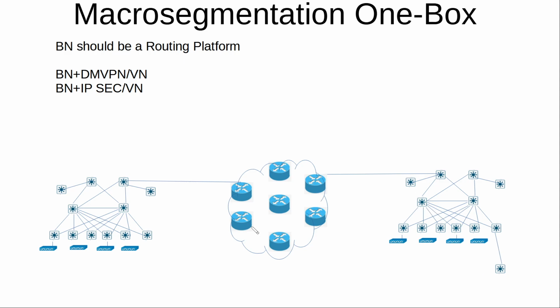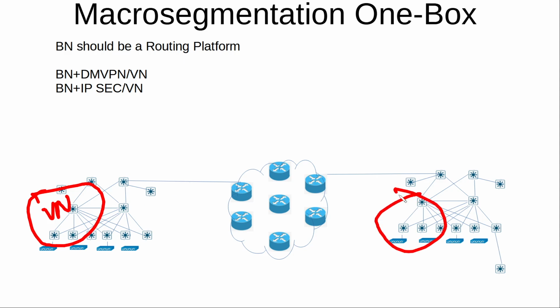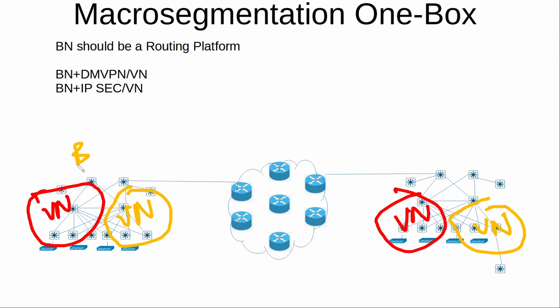So I could do the same with the DMVPN approach. For instance, if I had two DMVPNs, two VNIDs, for instance, a red VNID on both sides, and an orange VNID on both sides as well. Then, for instance, in this border node here, I could choose this border node as the hub for my DMVPN solution, and I will create a DMVPN with this other border node.